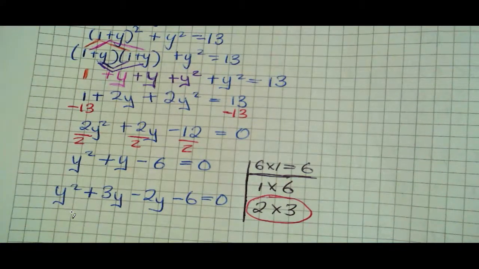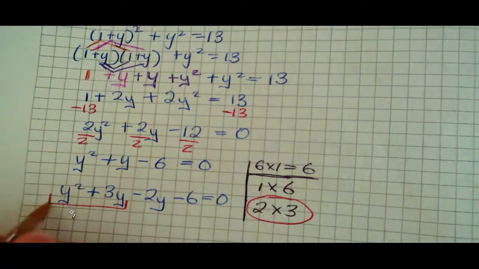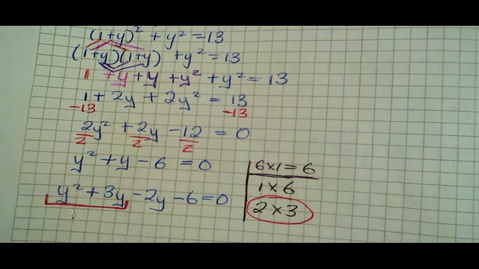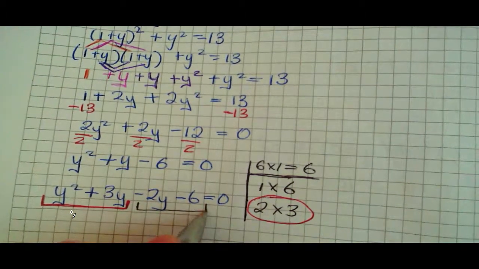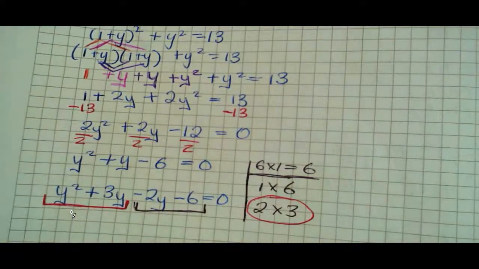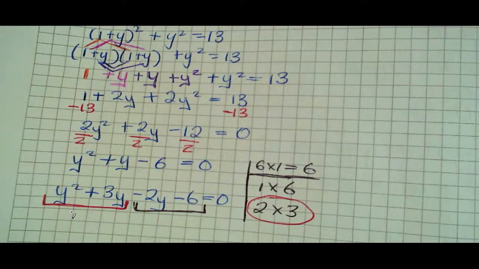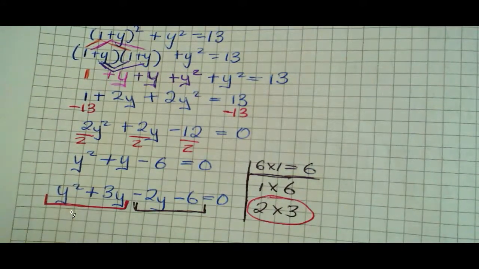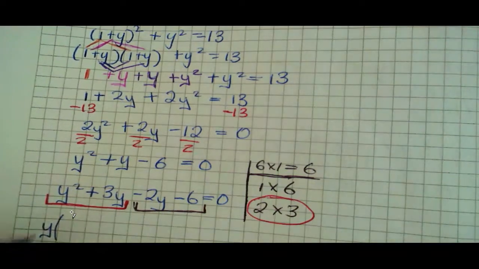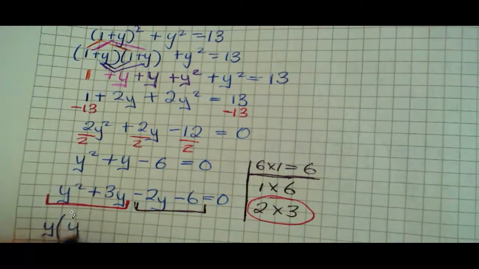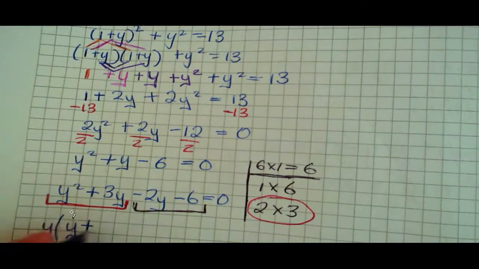Then we're factorizing, so we're using our first two terms and taking out what's in common, and using our second two terms and taking out what's in common. We have to do this every time we're trying to factorize. What's common between my y squared and my 3y is my y, so I'm taking that out and opening up my bracket. y squared divided by y is just y, and 3y divided by y is just 3.